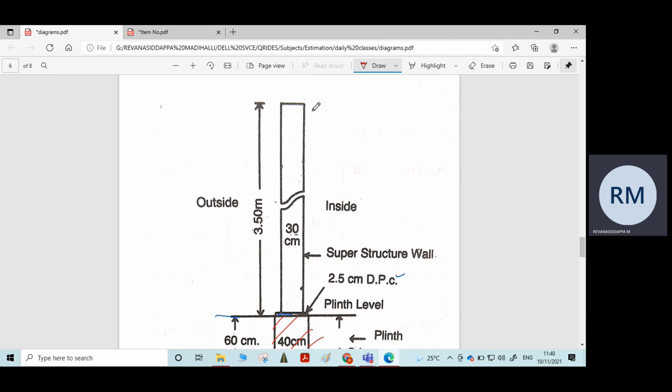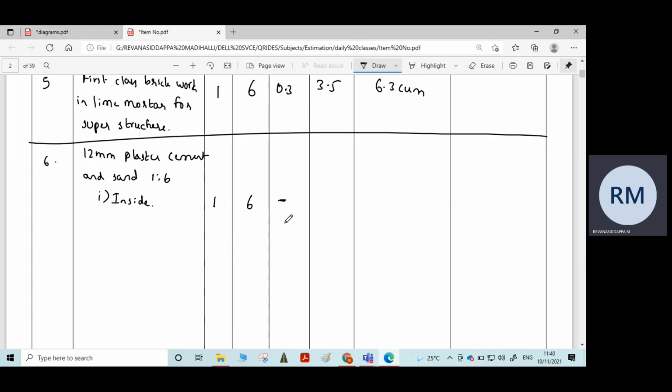It is equal to the height of the wall only. At inside, no problem. It is equal to 3.5 meter only. I hope you are all understanding. 3.5 meter. Calculate the total quantity. How much? 21 square meter.